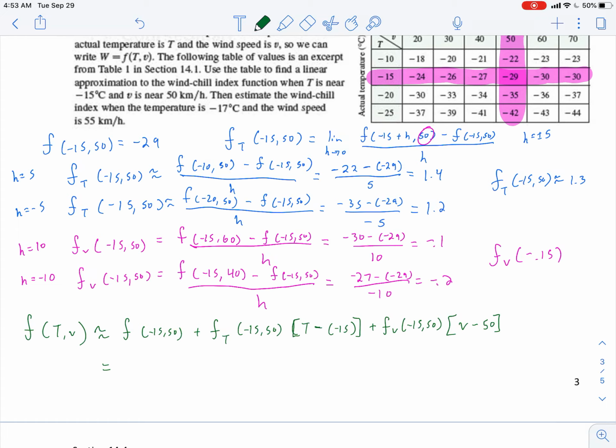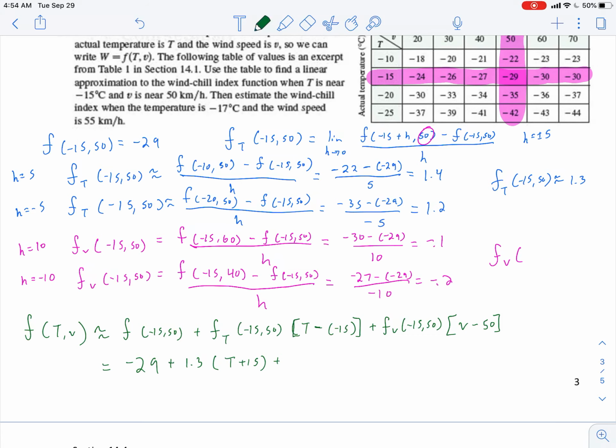All right. And now we're going to go ahead and plug in. So f of (-15, 50) we said was negative 29. F of t is 1.3 times t plus 15 plus f of v. Oh, I didn't.